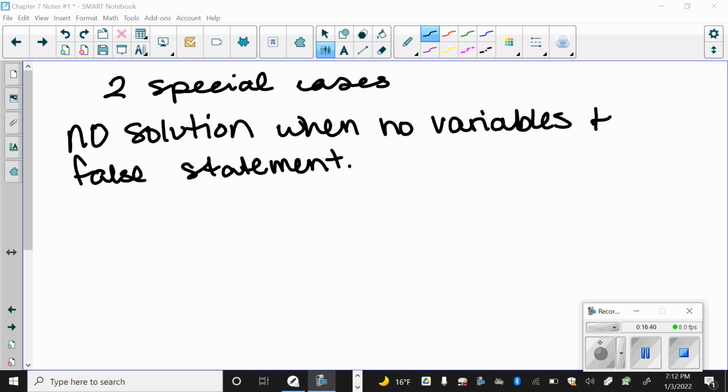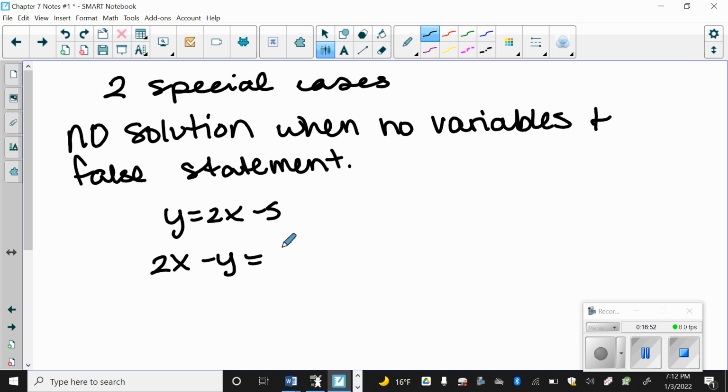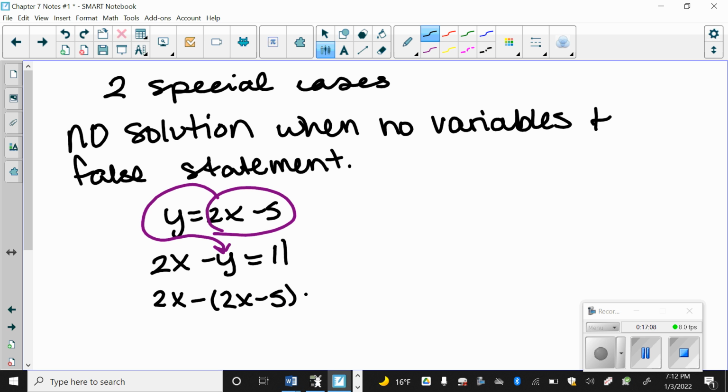So for example, if we have y equals 2x minus 5, and I have 2x minus y equals 11. So step 1, I would substitute that into here for y. So we would have 2x minus y, which is 2x minus 5 equals 11.